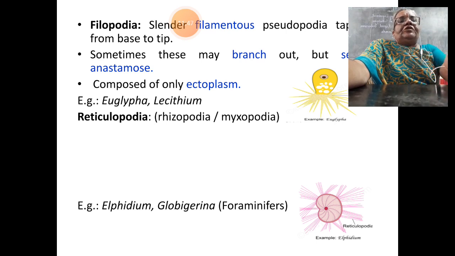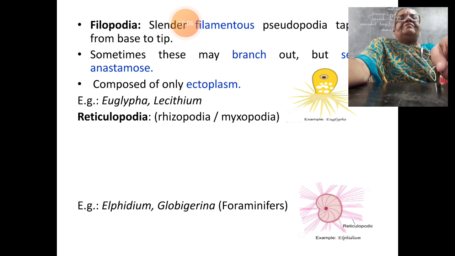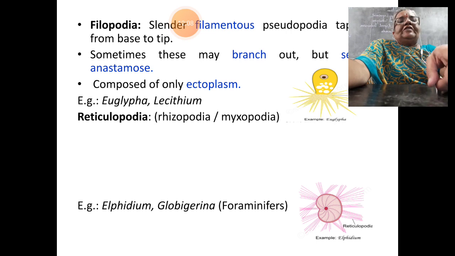Reticulopodia are predominantly seen in foraminiferans, that is shell-bearing protozoans. There is an order called Foraminifera, to which belong Elphidium, Globigerina, etc. And these protozoans exhibit pseudopodia in the form of reticulopodia.